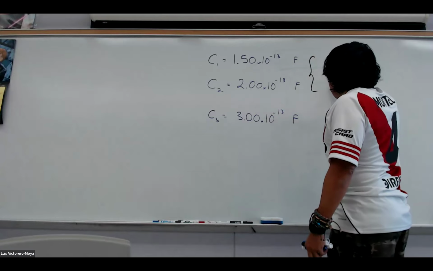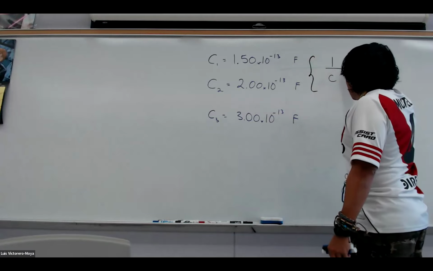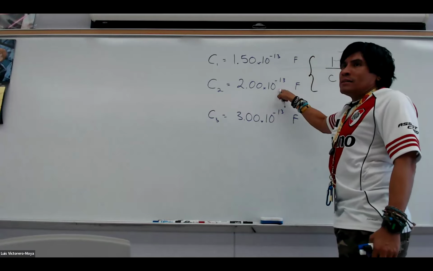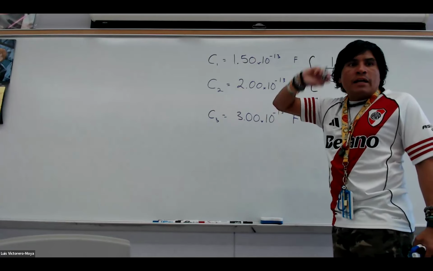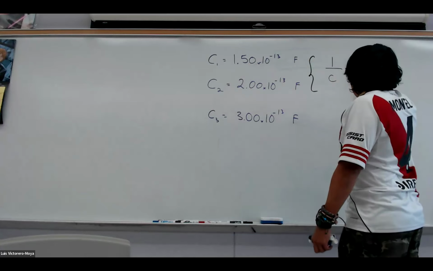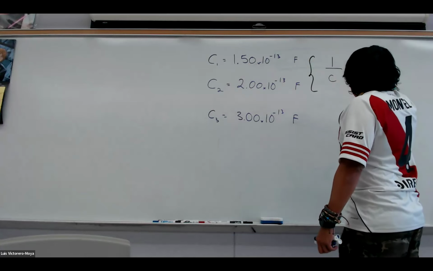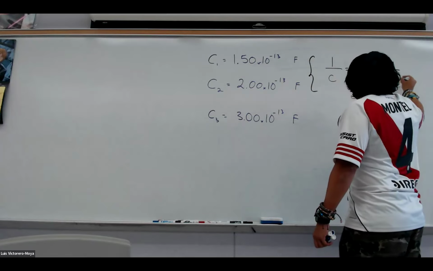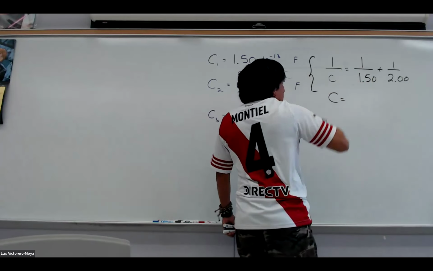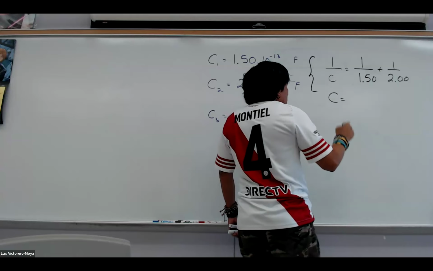1 over C, let's do this as C. It's not equivalent yet. Look, these exponents, you know that the final result is going to have 10 to the negative 13. So you can just grab the 1.5 and the 2. So then there's a nice algebra trick for two fractions, only for two fractions.